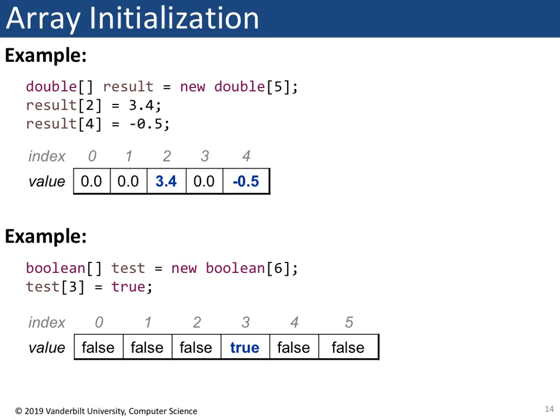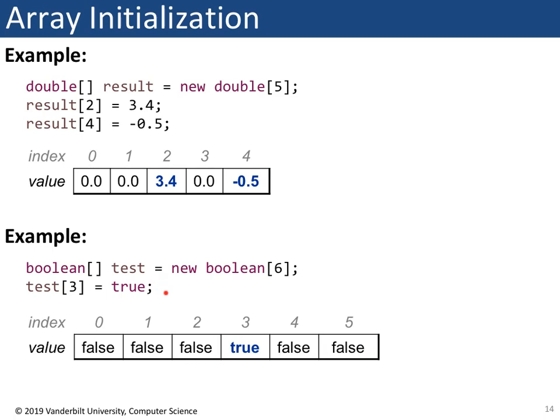Let's look at another example. We can create a Boolean type array, call it test, and we assign it a new Boolean array object with length 6, which means the maximum index is going to be 5. And when it's initialized, when it's first created, each element has the value false.